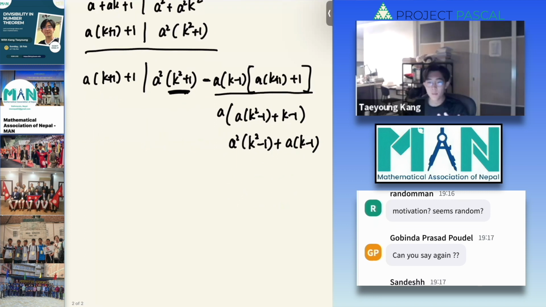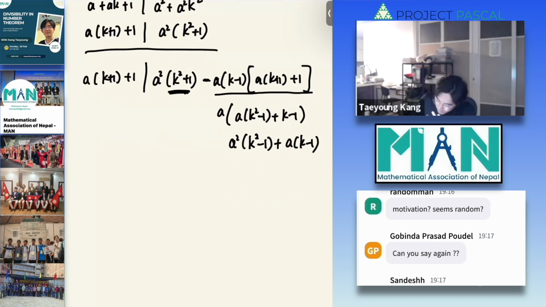So what happens when we subtract the whole thing? It becomes a k plus 1 divides the a square k square; the k square terms cancel out and it becomes 2a square, right? Because minus 1 becomes plus 1.